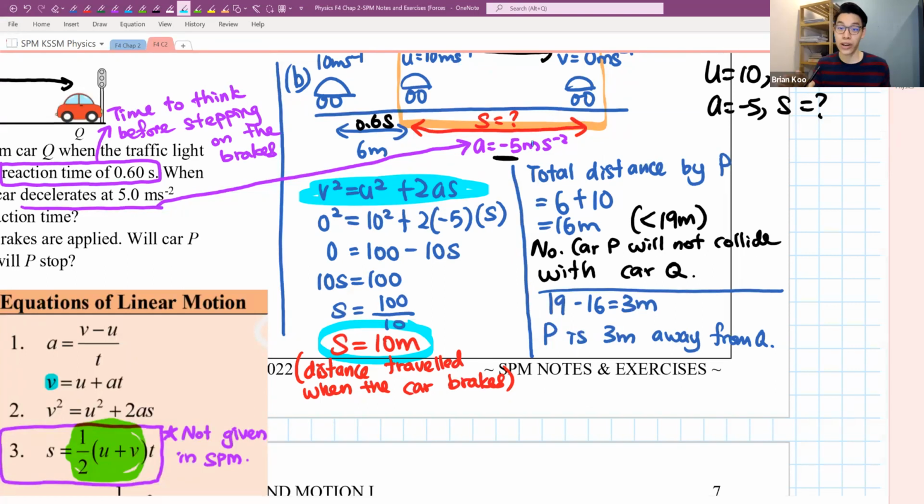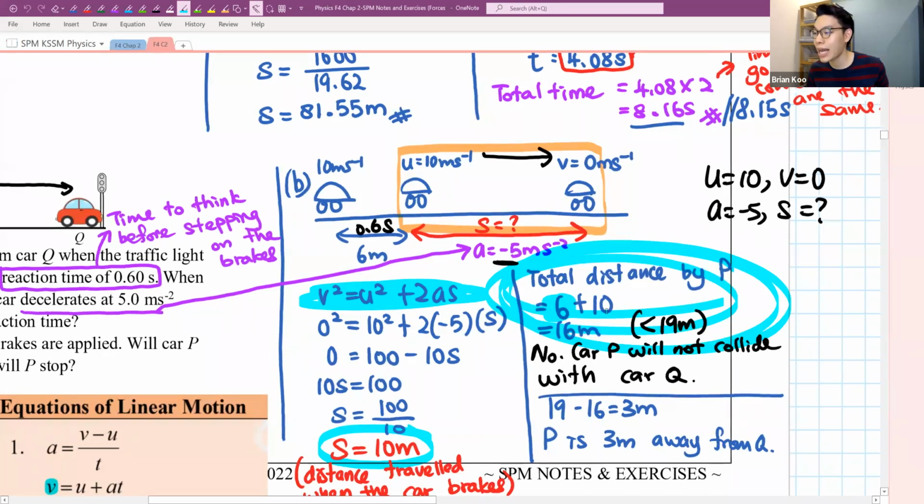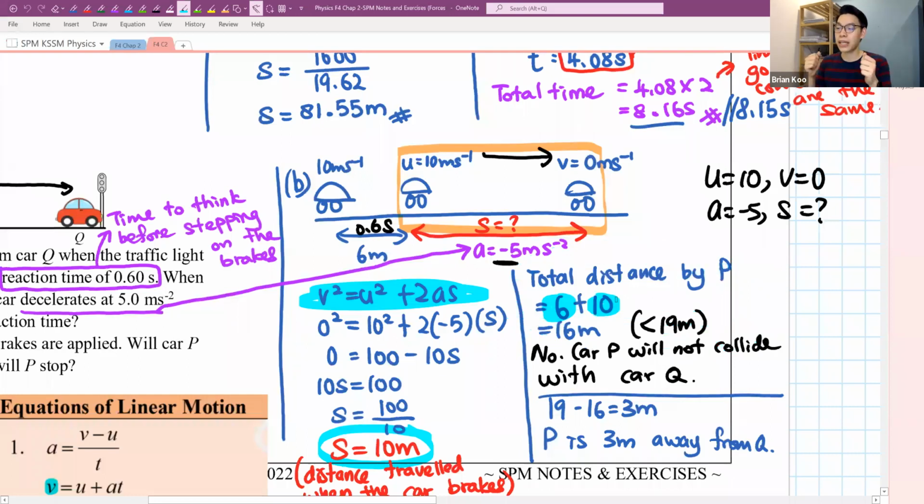You cannot brake on the spot, right? When you brake, you will still move a bit. Usually your cars brake slowly, right? So you brake over a distance of 10 meters. Okay, so the total distance traveled by P is actually the 6 meters plus the 10 meters. 6 meters is when he was still thinking, 10 meters when he pressed the brake.